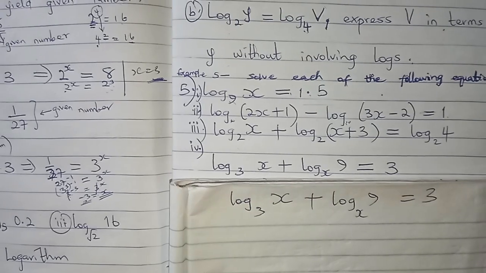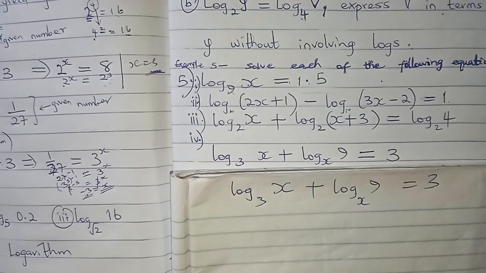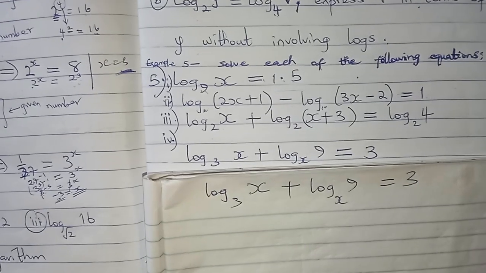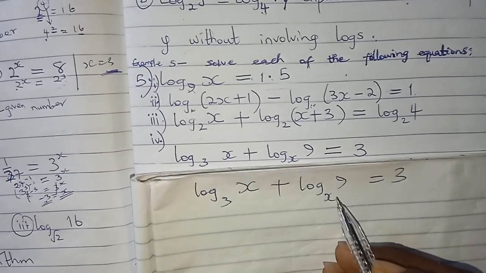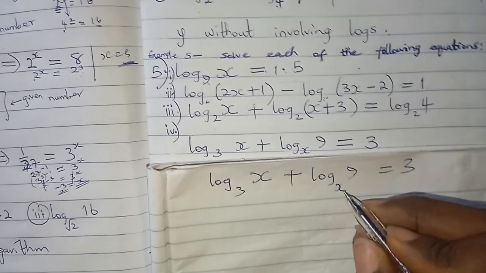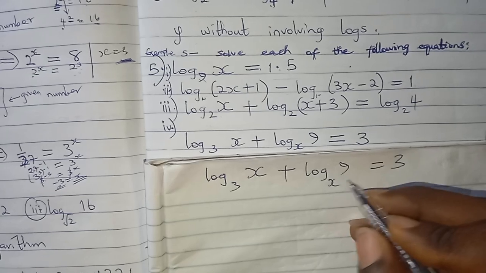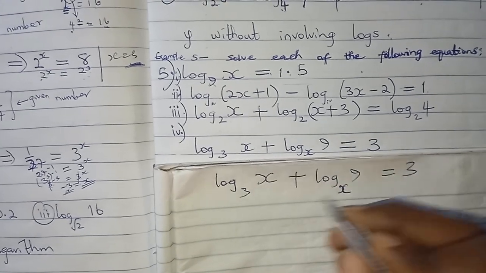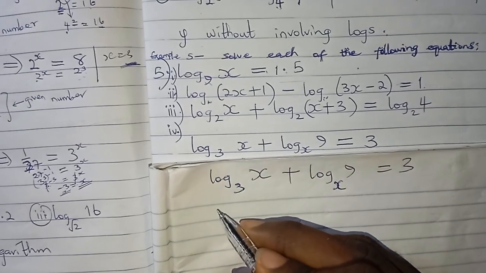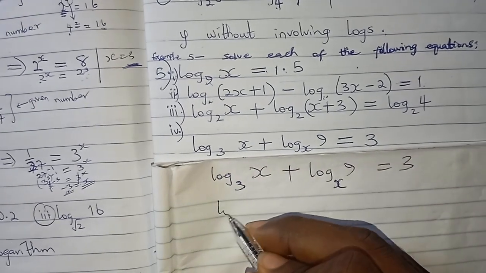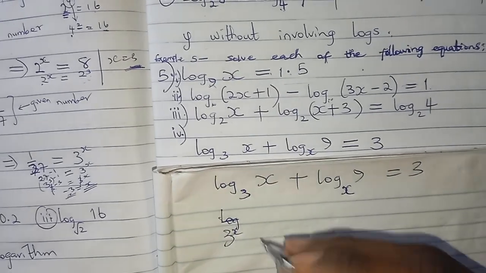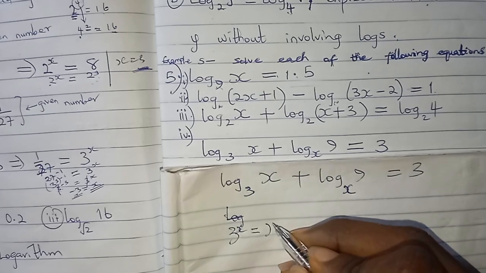Okay, I can simply say this is what I have here. Let's check. What I have here and what I have here, they don't have business. This is x, this is 3. But I know that if you check this well, this can be the same thing as saying 3 raised to power x is equal to x.